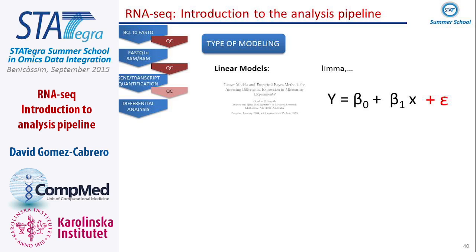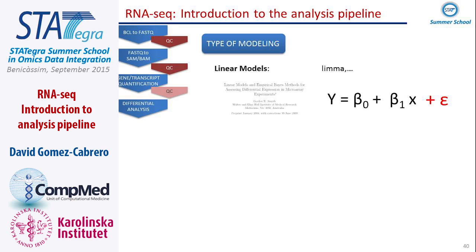Because if the expression is the same between healthy and control, this will not be relevant. But if this is relevant, this will make a difference between healthy and control. Imagine I have the expression of gene 1 depending on a baseline, plus, if you are diseased, you have this modification. Fine. The important part is this part, the error.